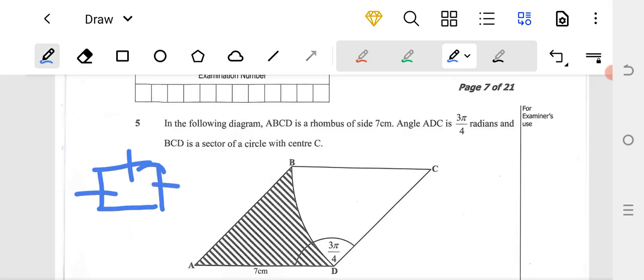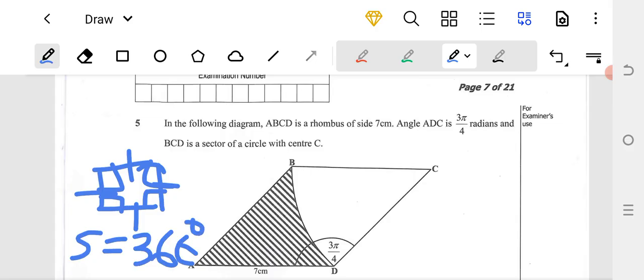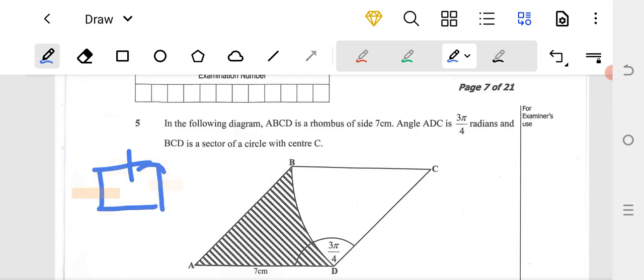A square is a 4-sided polygon with all the sides equal, and the angles are 90 degrees. The sum of all the angles inside should give you 360 degrees, which is the same as 2 pi radians. So what am I trying to say?